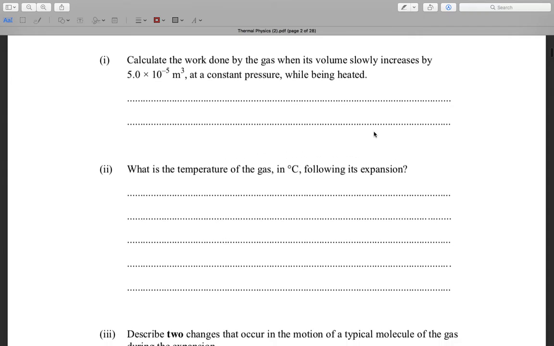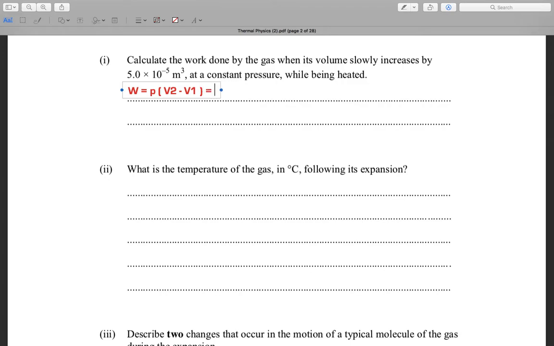Question I. Calculate the work done by the gas when its volume slowly increases by 5 times 10 to the power minus 5 meter cubed at a constant pressure. Work done is P delta V, or P times V2 minus V1.